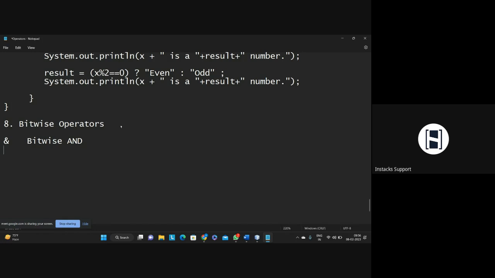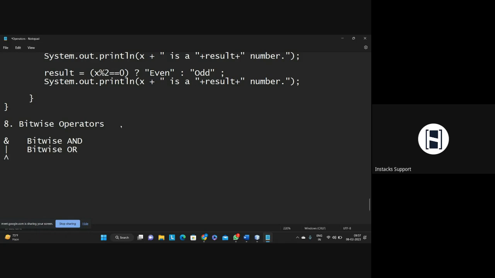Remember, double ampersand means logical and, single ampersand means bitwise and. Next, the bitwise or operator is the same thing. Double pipe symbol is logical or, single pipe symbol is bitwise or. So this is going to be the bitwise or operator.